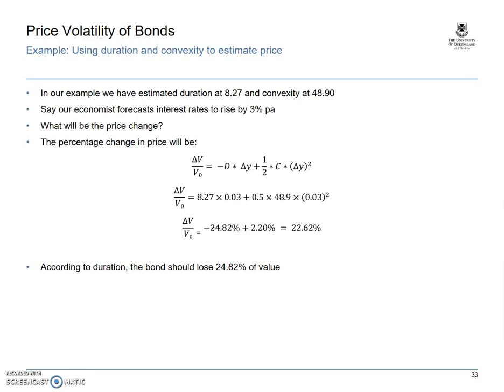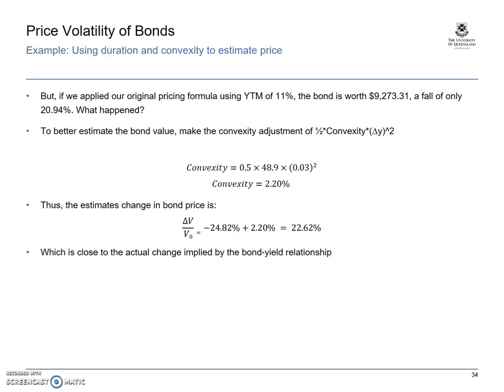So according to the duration, the bond should lose 24.8% of its value. But recognise that we also have to take account of the convexity, so we would add back 2.2. If we applied our original pricing formula to the yield to maturity of 11%, the bond should be worth about 9,273. So that's a fall of only 20.94%.